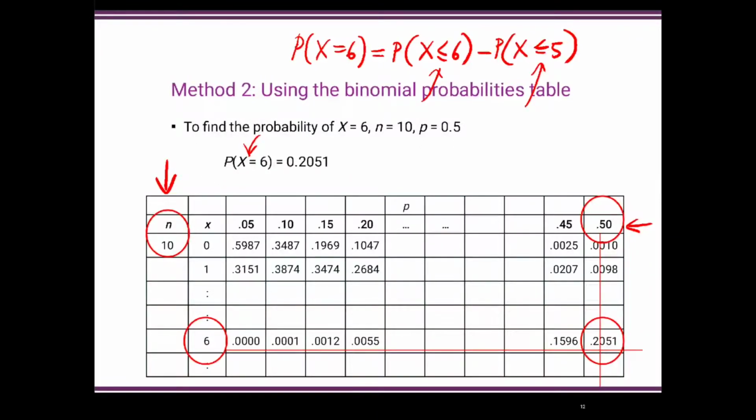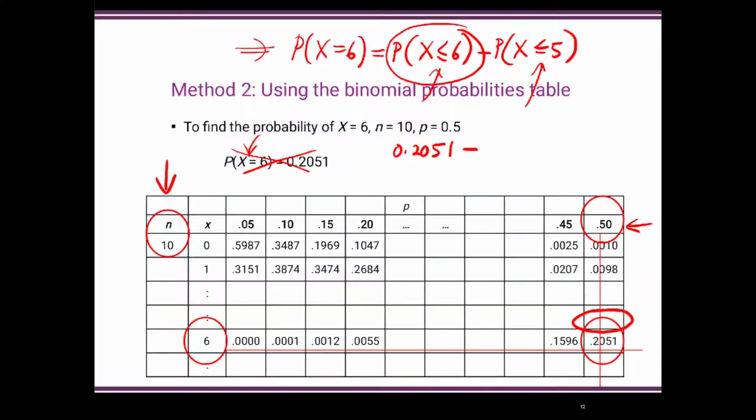So, saya rasa yang ni silap lah. Maksudnya kena baca yang ni. Maksudnya kena dapatkan bacaan yang ni, 0.2051 tolak bacaan dekat sini.